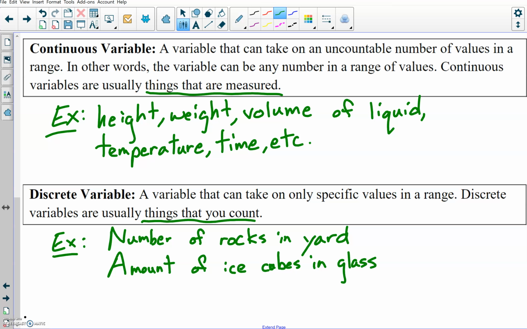Things like that. And a lot of times they'll do what's called discretize numbers. Like when you give your age, you don't say things like, I'm 48 years, 9 months, and 7 days, and 4 hours, and 32 seconds, and fraction of seconds old.